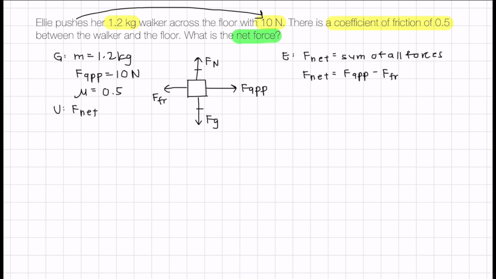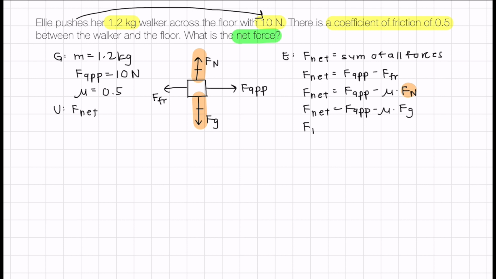So I know that there is actually an equation for the force of friction. So I'm going to replace the force of friction with that equation. So minus mu times normal force. But as we know, normal force really can just be replaced with the force of gravity since they're equal in magnitude. So let me go ahead and rewrite this equation as F net is equal to F applied minus mu times the force of gravity.